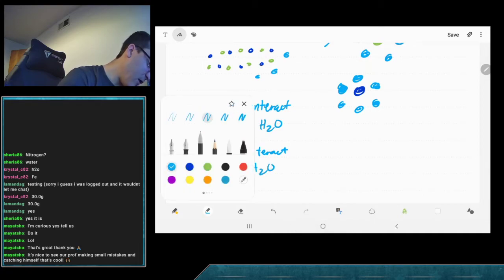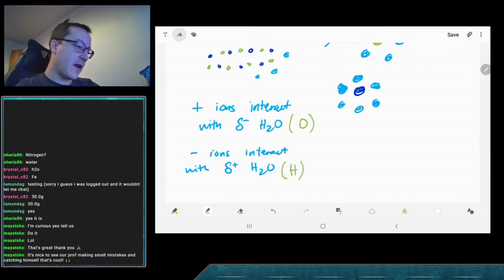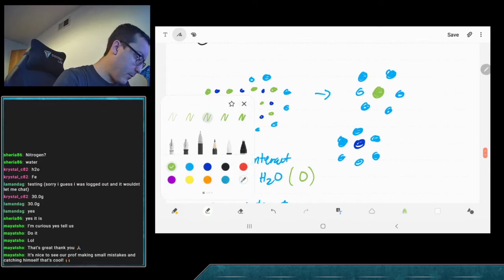Just so we are familiar, that is going to be the oxygen here, and that's going to be the hydrogen on that side. So that's essentially what's happening here.